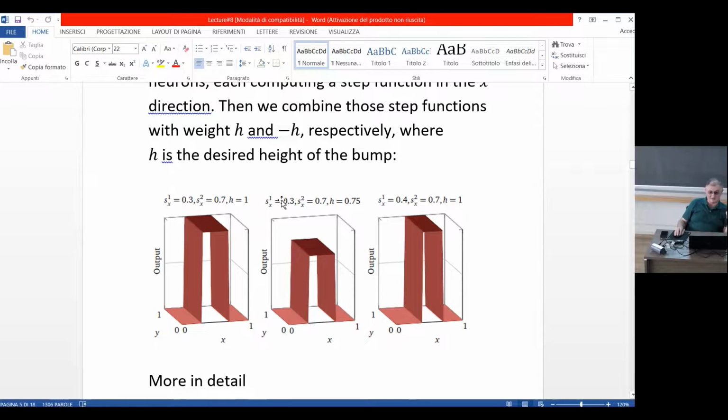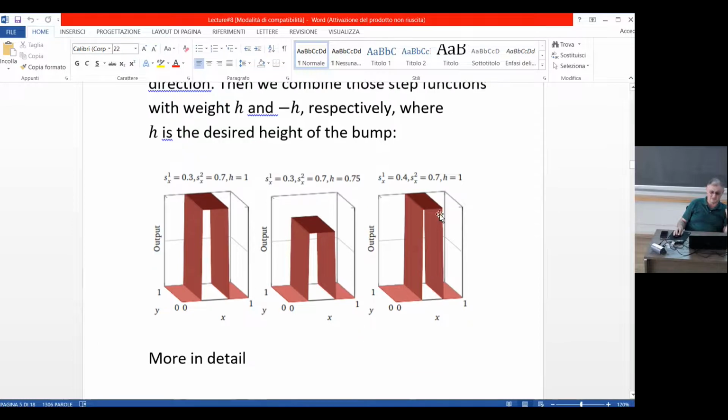We can construct, for example, also a height of 0.75, or we can move the point of the beginning of our step function, in the sense that it begins at 0.4 and finishes at 0.7, and also the height is 1.